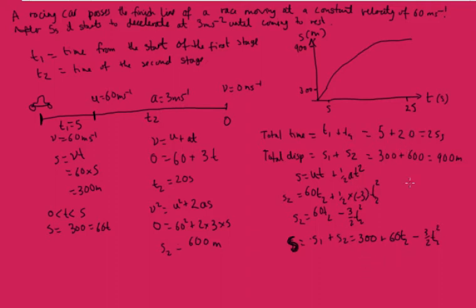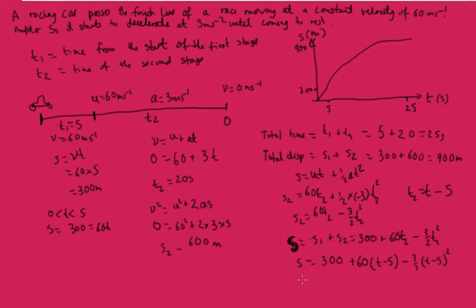Now for T2 equals T minus 5, and what we've got up here, we can say S equals 300 plus 60(T minus 5) minus 3 over 2 (T minus 5) squared.